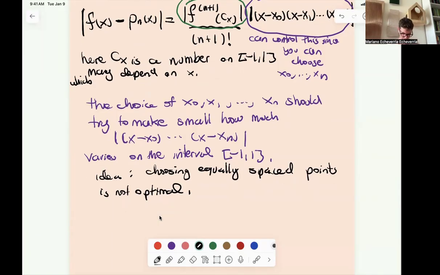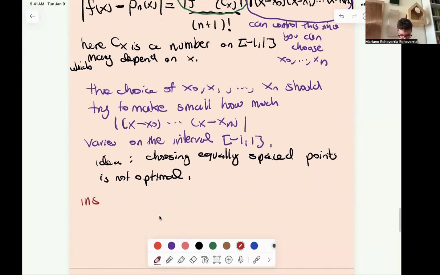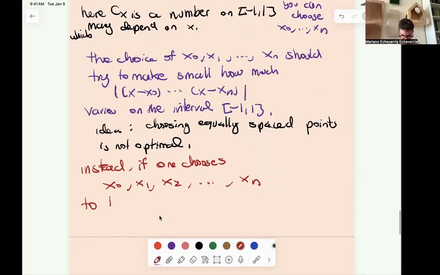The idea is that if one chooses x0, x1, x2 up to xn to be the Chebyshev points, then the polynomial approximation is better.